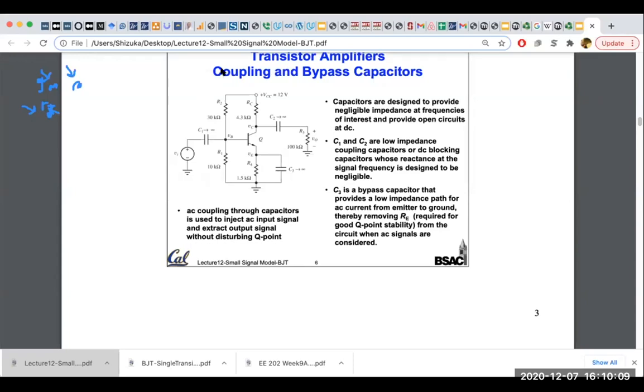So now there is this cap, and the cap has the same 1 over j omega C. And because that cap is so big and omega is not 0, so omega is any AC frequency, 1 over j omega C is 0 because the cap is huge. So that makes this 0. So we can short this.